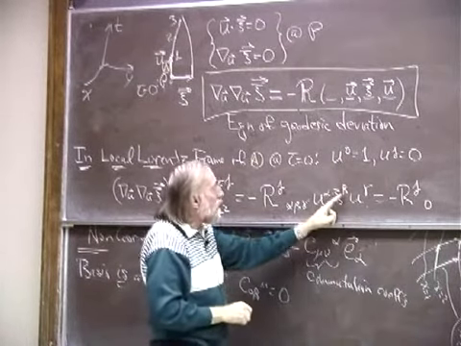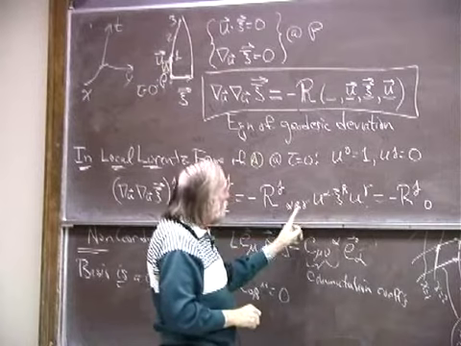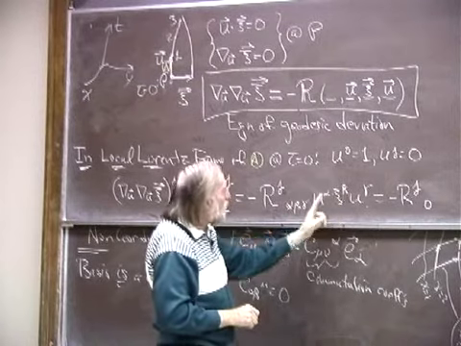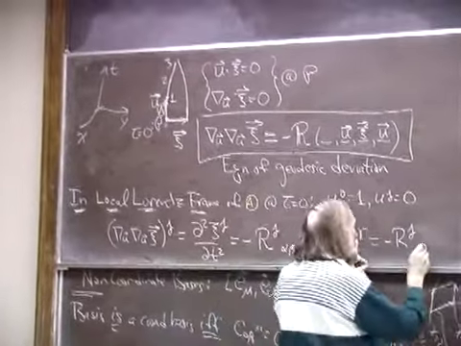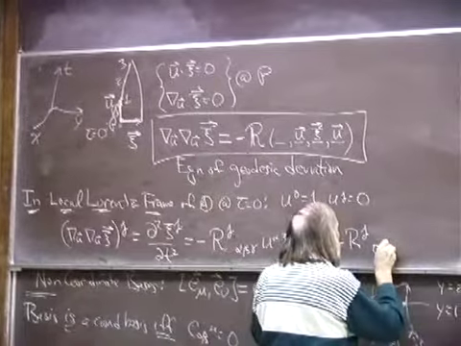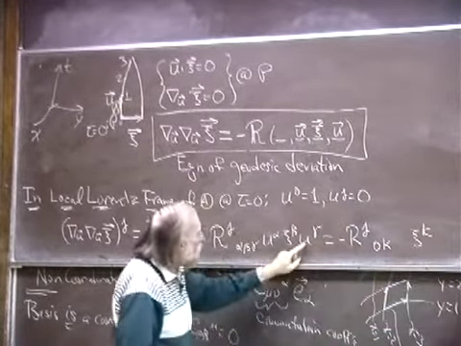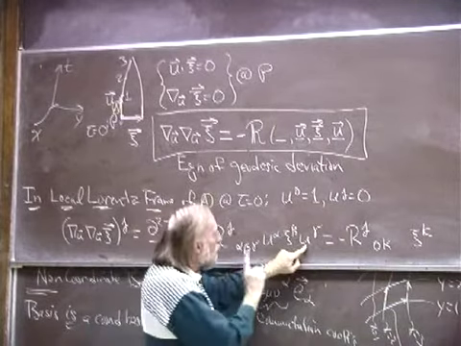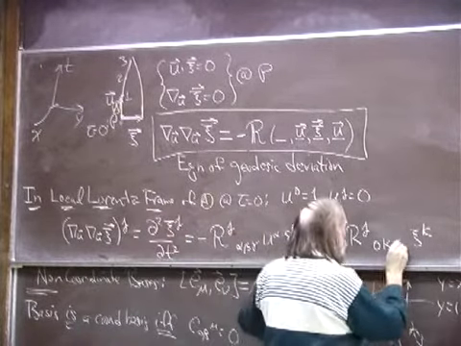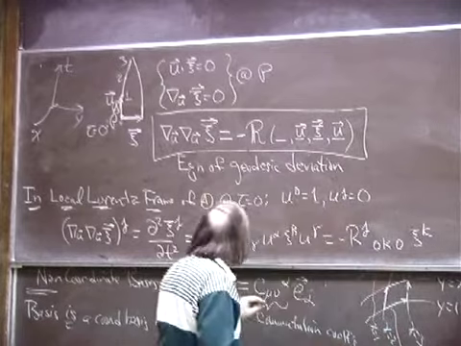C points in a spatial direction, and so I can turn this index beta into a spatial index. So R0k, I have a ck. And then u again points in the time direction, and its value of u0 is 1, and so I just get a 0 there.